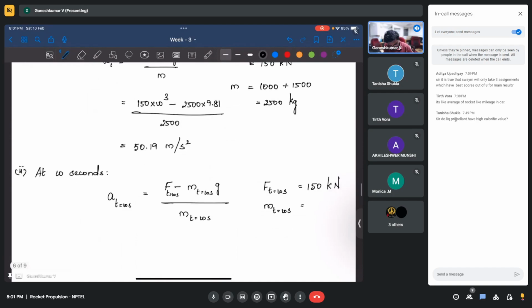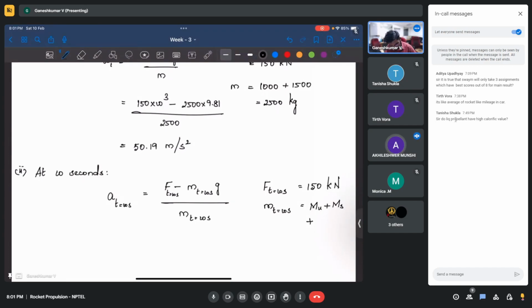Now, what should be the mass at 10 seconds? You will definitely have the 1000 kg of structure plus payload, and you need to have the propellant. What is the propellant left? 500 kg, I think.